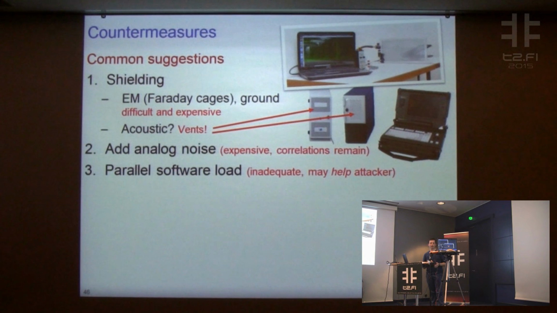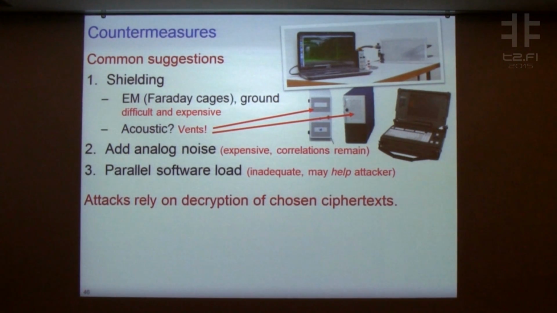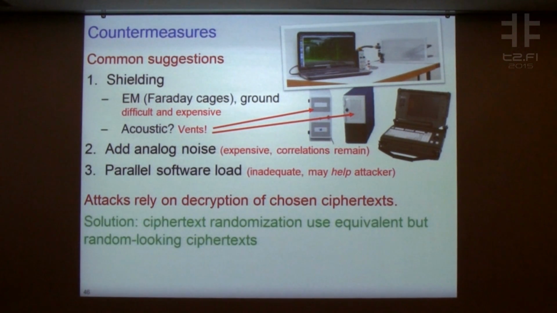So this is somehow depressing. But what can we do? Our attacks rely on the fact that we can somehow force the target to decrypt our carefully chosen ciphertext with these mathematical properties and big structure. And the solution to all these problems is never to allow an attacker to feed input to your sensitive operations.